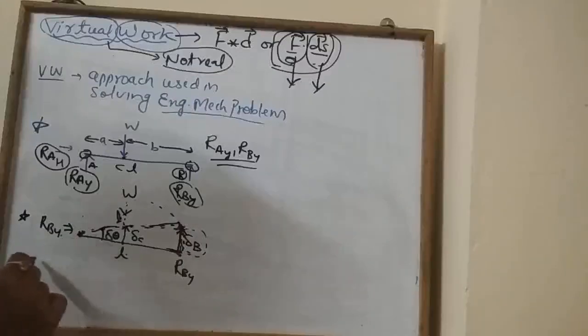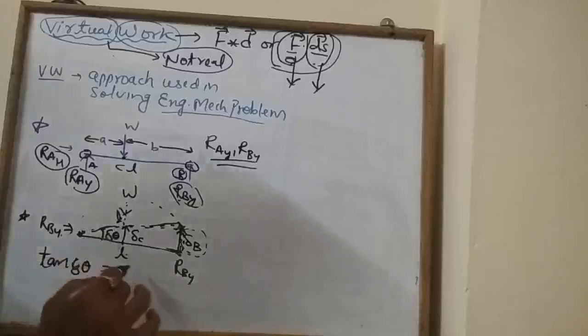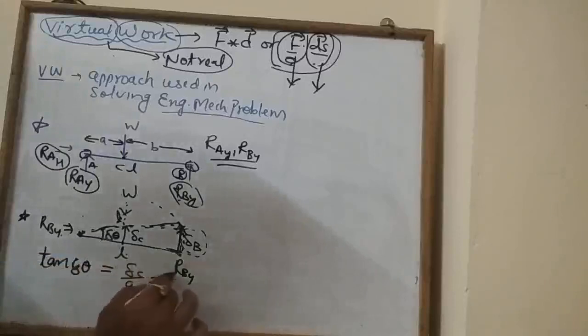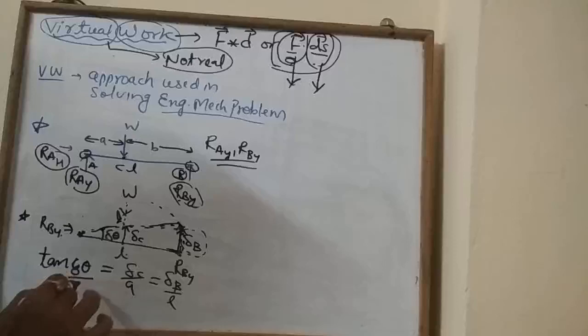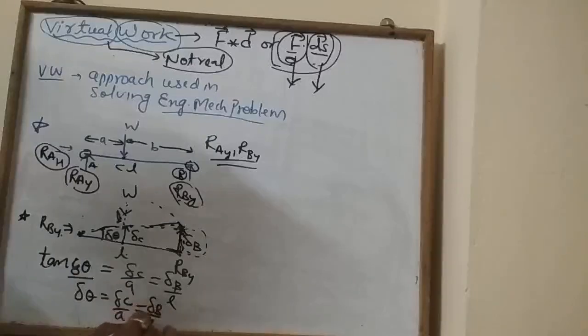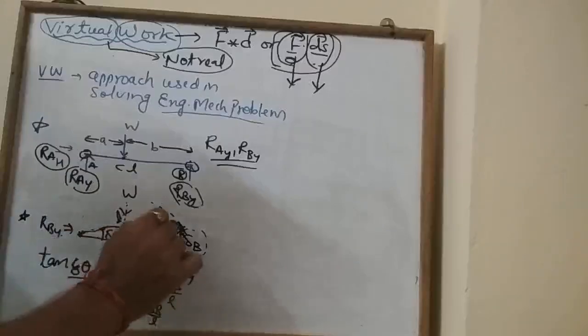Here tan delta theta equals delta C by A or delta B by L. Now since theta is very small, we can say that theta equals delta C by A equals delta B by L. So this is the original position, this is the displaced position.